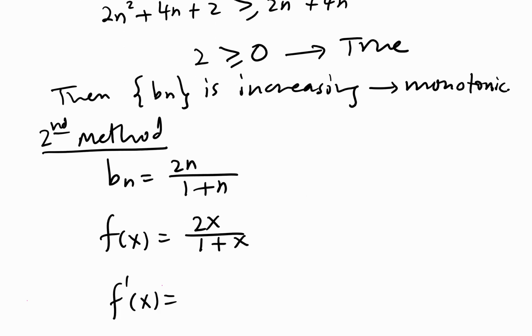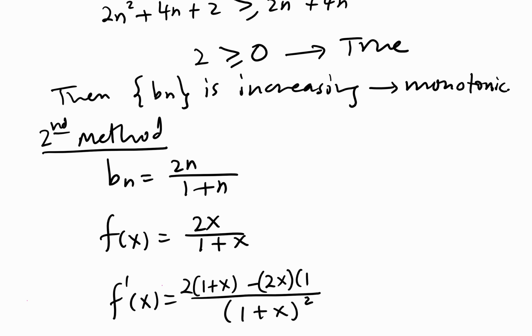So we find the derivative using the quotient rule: the bottom one times the derivative of the top minus the top times the derivative of the bottom. If we calculate this, that gives us 2 over 1 plus x squared. Notice this is always bigger than 0 for all x. So that tells us it's increasing. So that's another way to look at it.